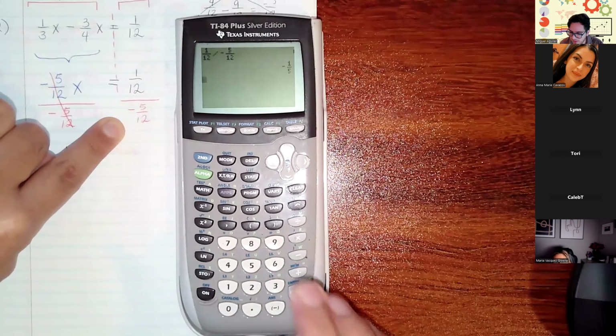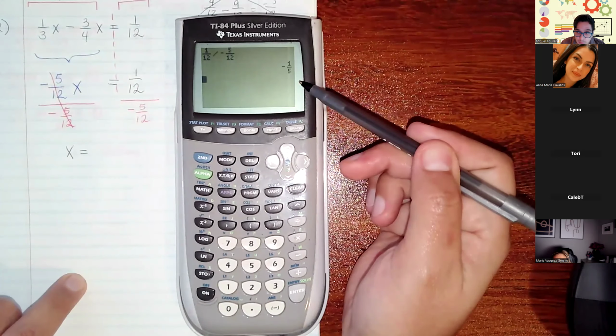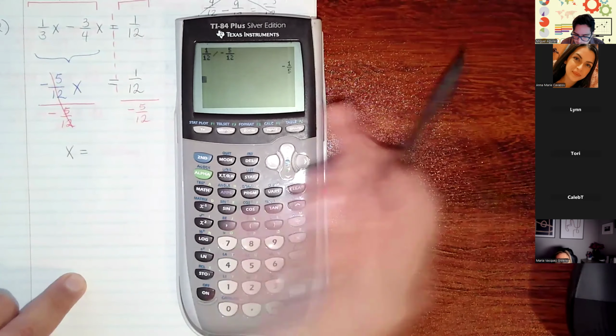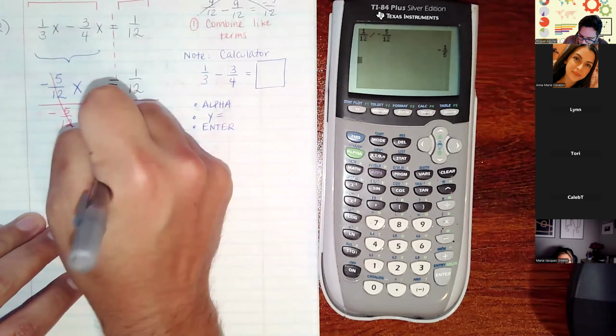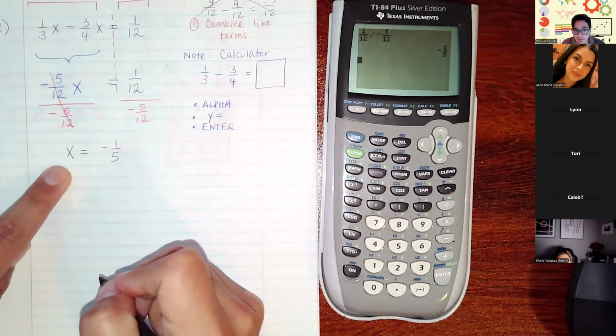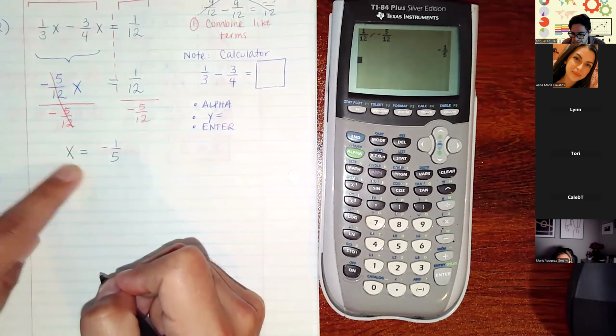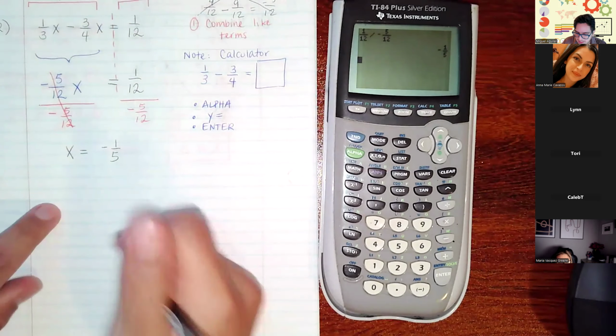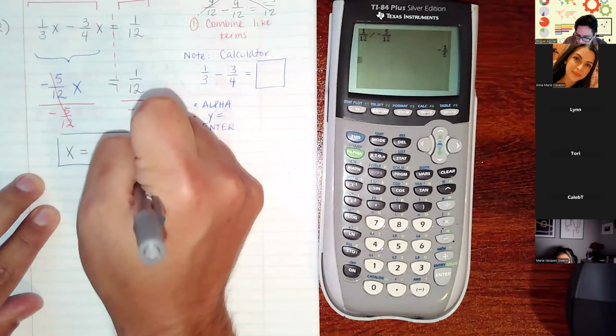And then let the calculator do the work. We get -1/5. So that is now -1/5. And did I get my variable by itself? Yes. Sure. x equals -1/5. That is the answer.